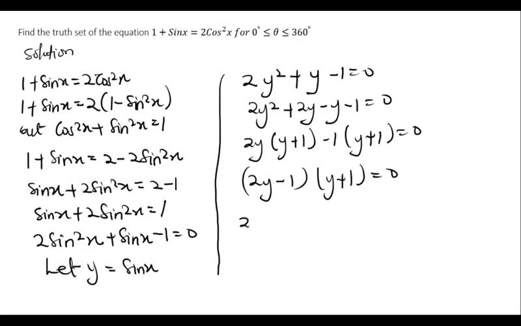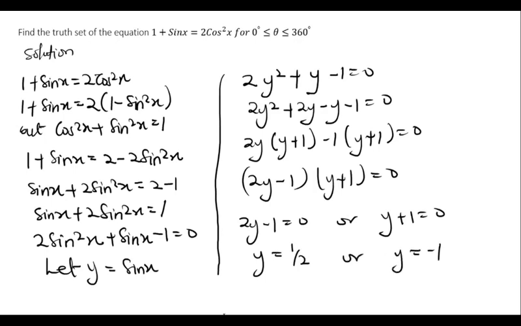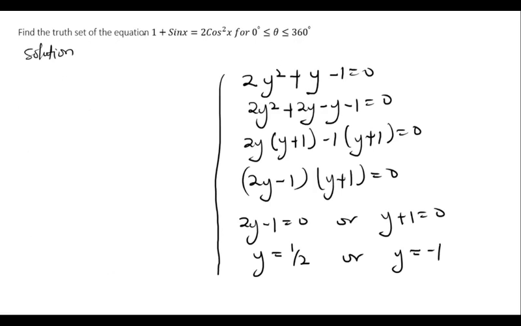So which means our 2y minus 1 is either equal to 0 or our y plus 1 is equal to 0. So from here we can say our y is equal to what, a half, or our y is equal to what, negative 1. But remember we said what, let y be equal to what, sine what, x for us.